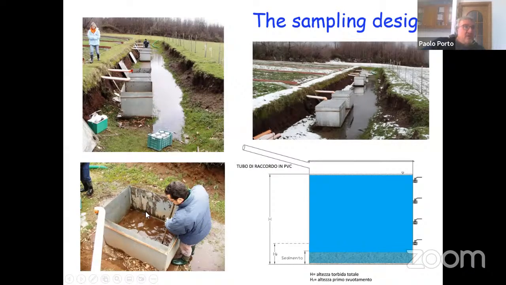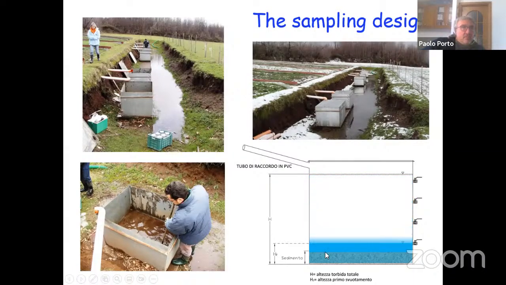And so when the event ends, we go to the field, we open the tank, we first dewater the tank like this. Okay, and so the turbidity and sediment in the bottom is very well mixed, and then some samples are collected from the top of each tank, and then these samples are transported to the lab, dried, and then the amount of soil loss is measured as a dry matter.